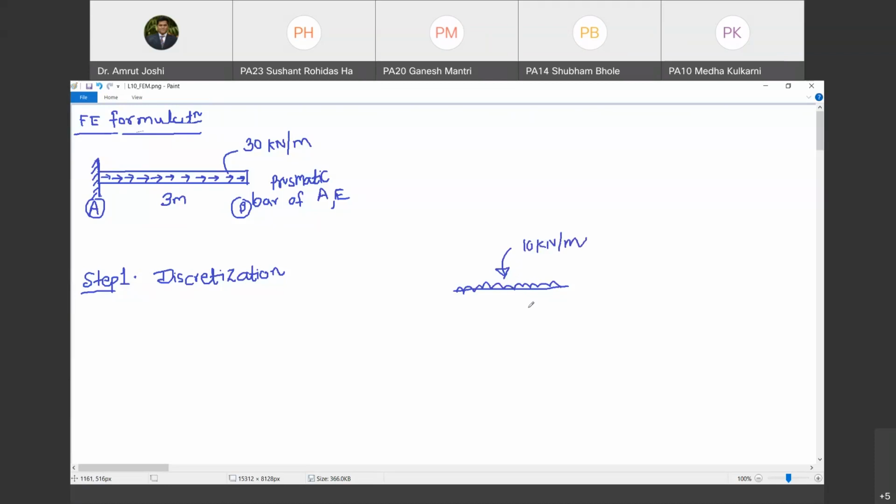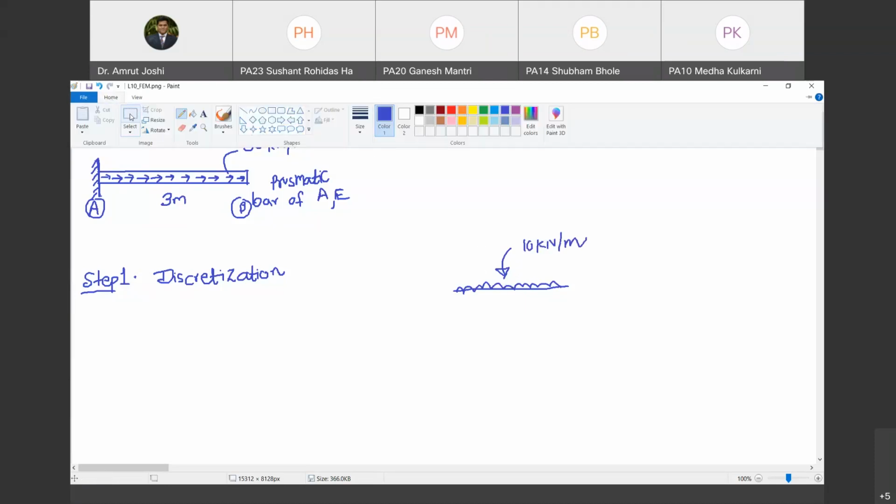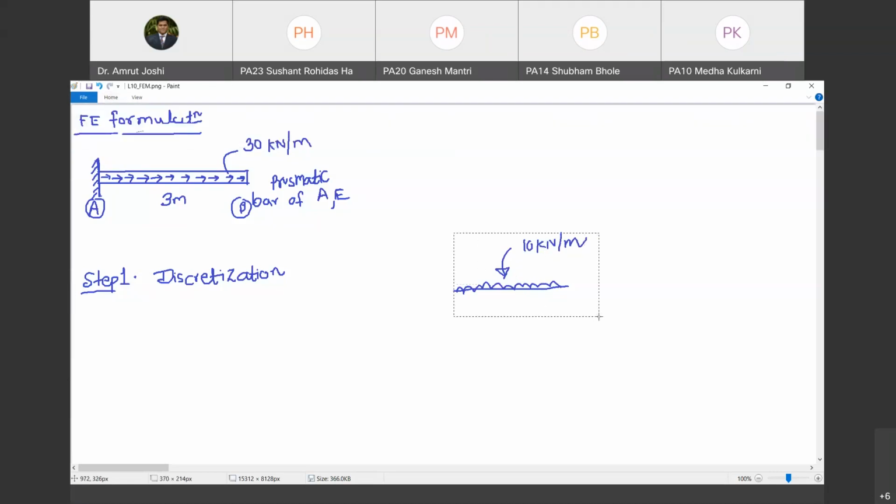You walk 1 meter on the beam, and in that 1 meter you would have gained the load of 10 kilonewton, but that load is normal to the axis. In this particular case, the load is acting along the axis, so it is uniformly distributed axial load. I hope you are able to imagine this kind of load. It is 30 kilonewton per meter, but along the axial direction, and everywhere the load is pulling the bar.